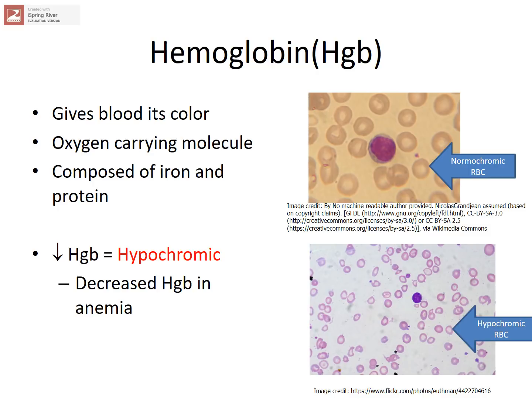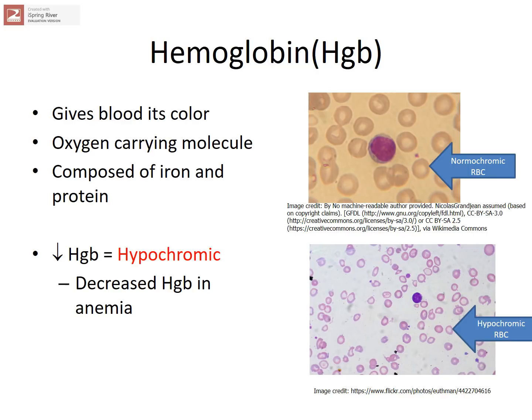We describe hemoglobin as chromasia. So what is the color of the cell? When a cell has less hemoglobin than it should, or less than normal, we say the cell is hypochromic, or undercolored. You can see in the pictures a normal chromic red blood cell, nice and pink.